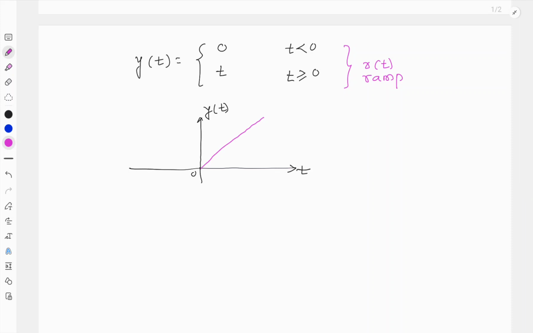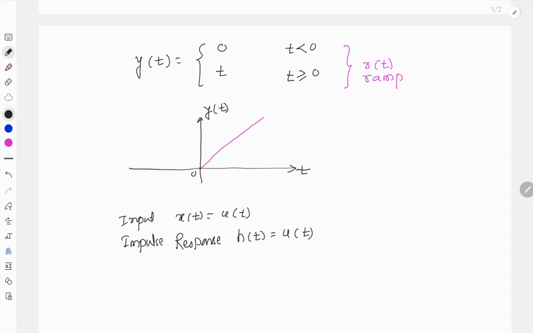So the summary of this convolution integral is that our input signal x of t was given, which was a unit step signal. The impulse response was given, which is h of t, again a unit step signal.